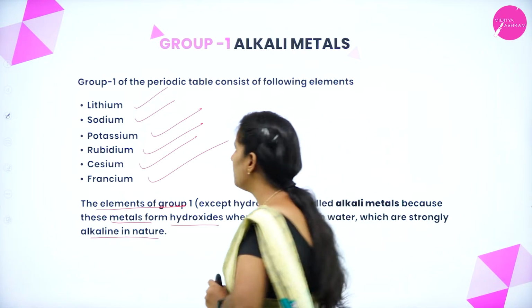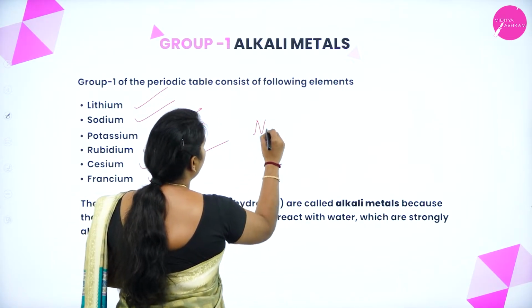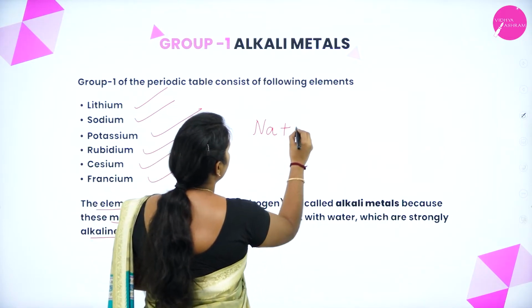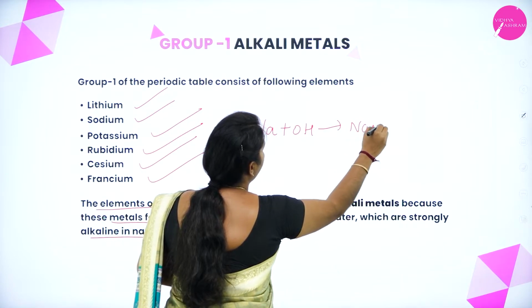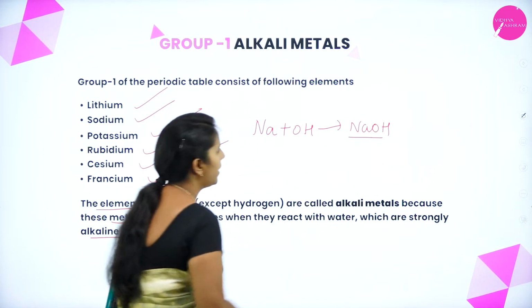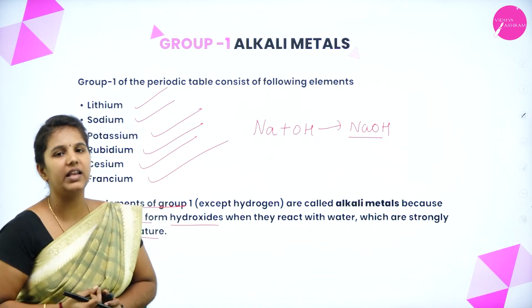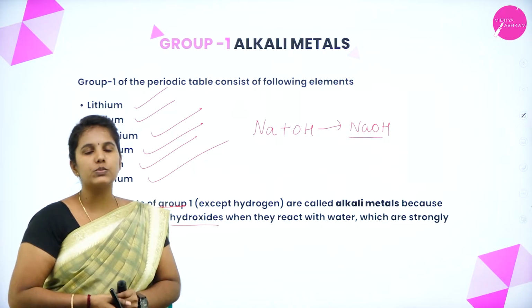The best example is sodium, which when reacted with water forms what? Sodium hydroxide. We know that sodium hydroxide is a base and it is strongly alkaline in nature. That is why this group of elements is known as what?